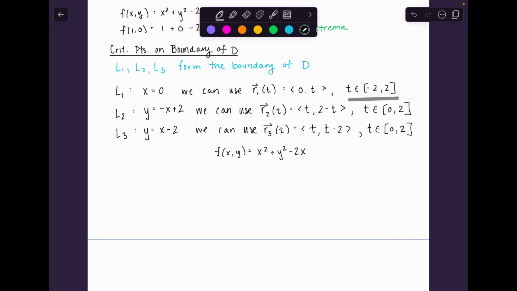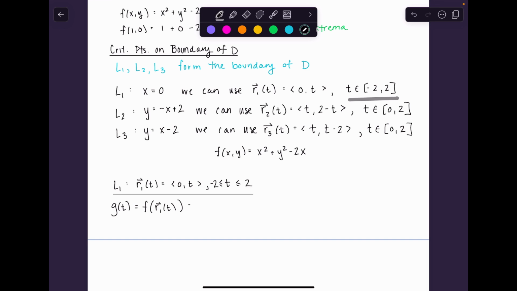Okay. So I'm going to start with line 1, which is the vector function r1. And it is 0, t, where t is between -2 and +2. Okay. So figuring out what the function looks like on this curve, let's call this g of t. For x, we replace it by 0, and for y, we replace it by t.